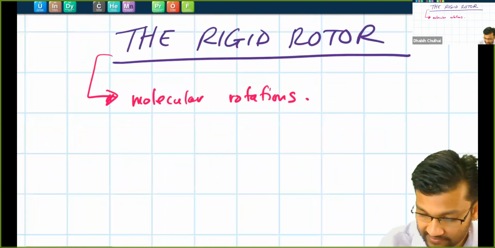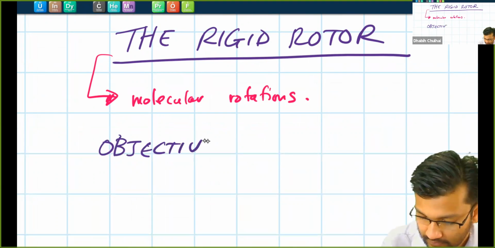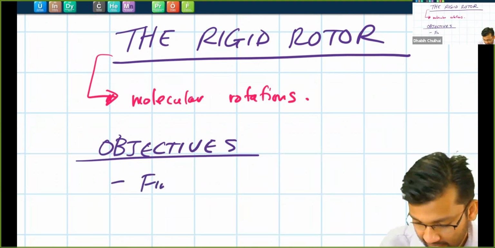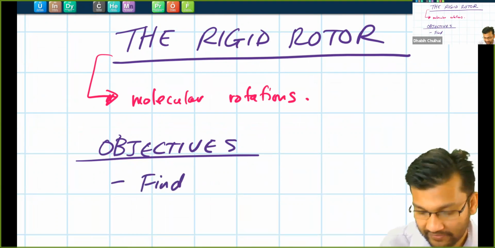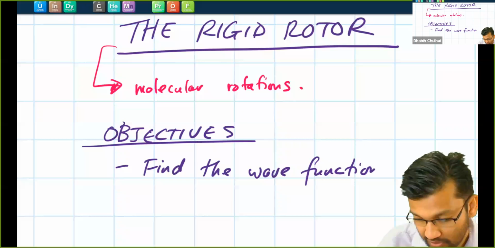So our objectives for this bit: as you would imagine, all that we're doing for every one of these is to find the wave function, or wave functions. There are always more than one.